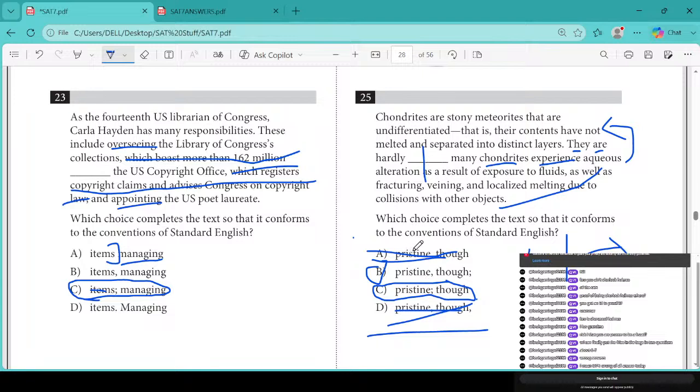Pristine means perfect, right? So they're hardly perfect. So these two sentences have the same meaning. It's just this one is a clarification of the one on the left, which means it would be better to put dough on the one closer to the one it is contradicting.